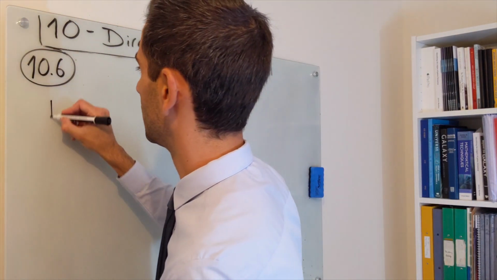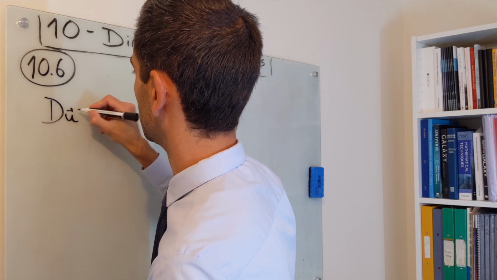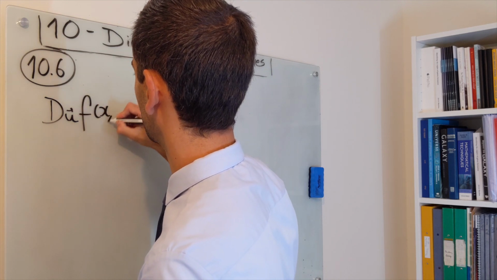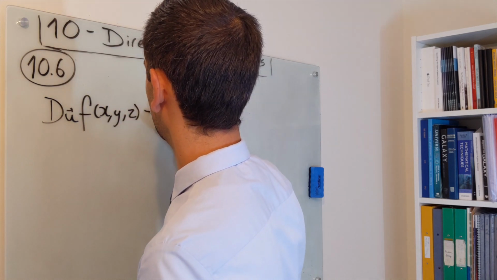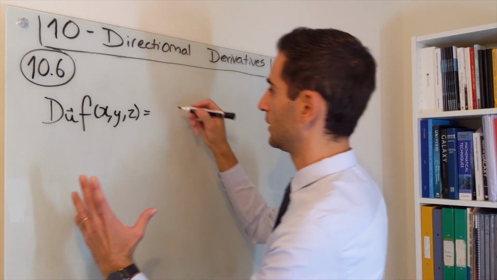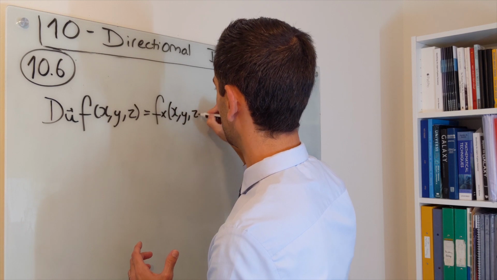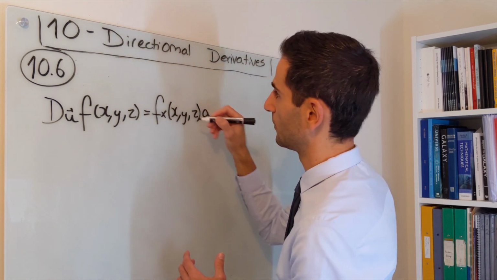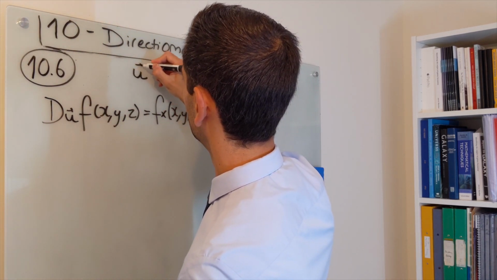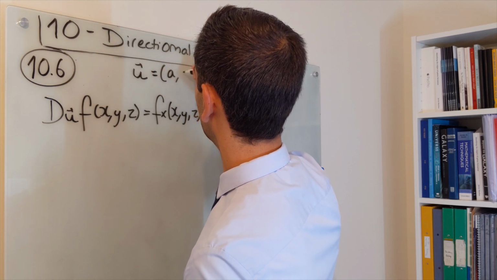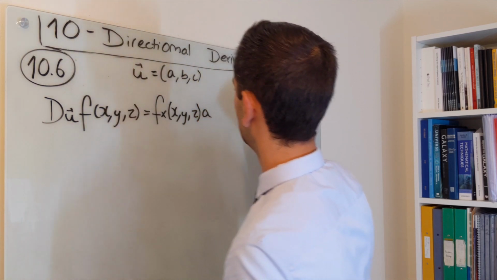We've seen so far that we would write a directional derivative of a function of x, y, z as something that is quite long. You're calculating the partial derivative at point x, y, z, multiplying by the component of the unit vector. Remember, the unit vector has components a, b, and c.